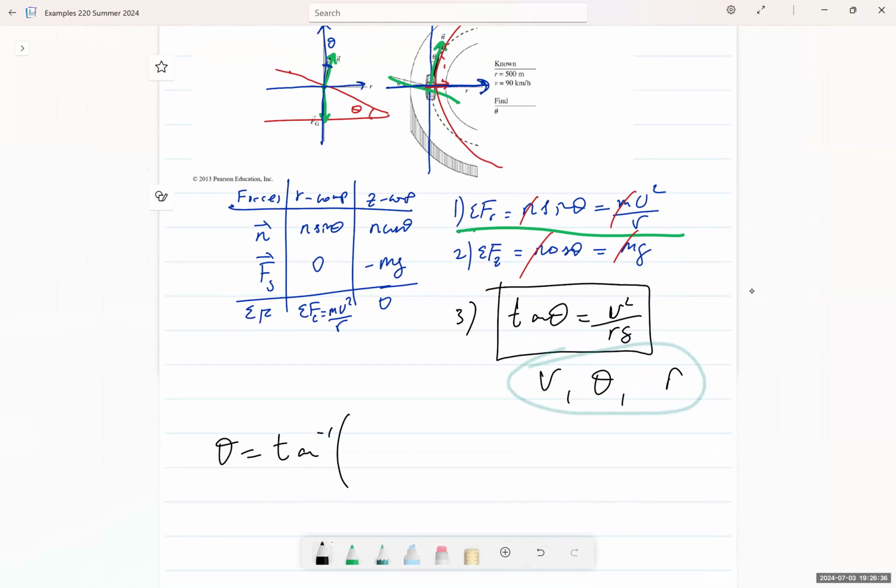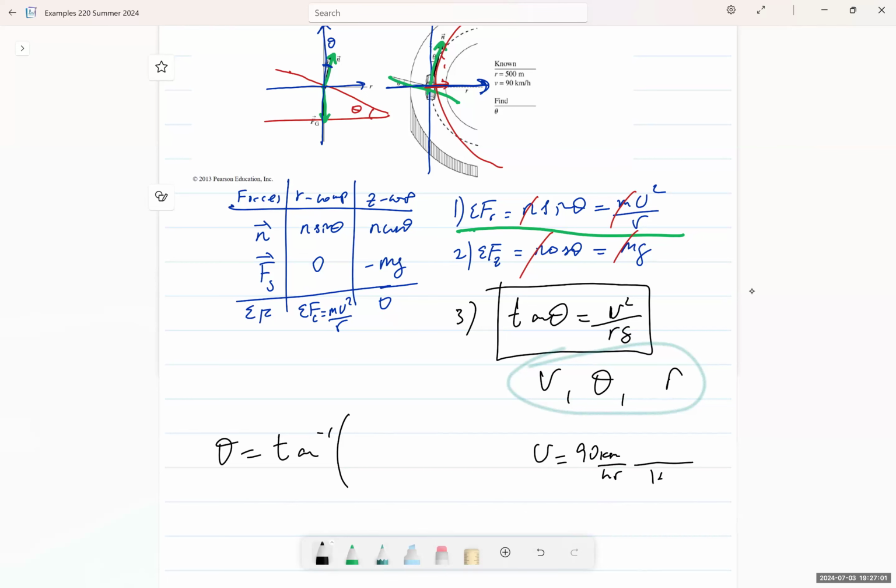Obviously, v cannot be in kilometers per hour. We have to convert it to meters per second in order to do the calculation. We are given 90 kilometers per hour.